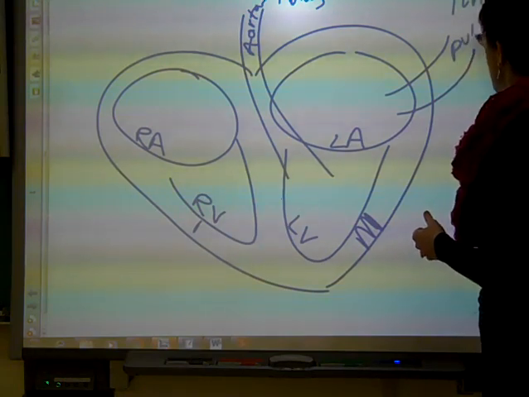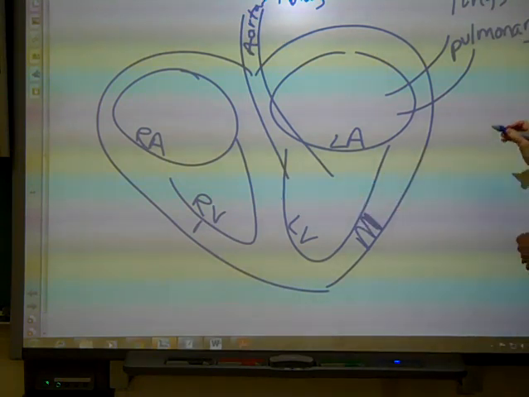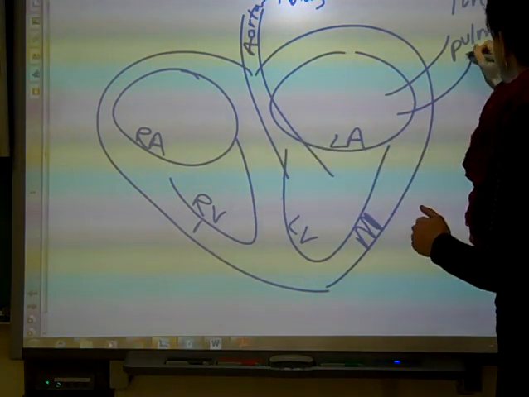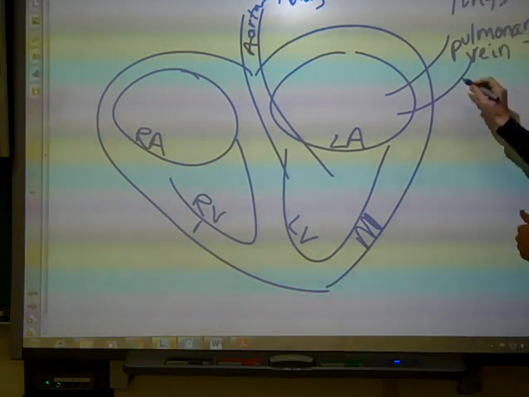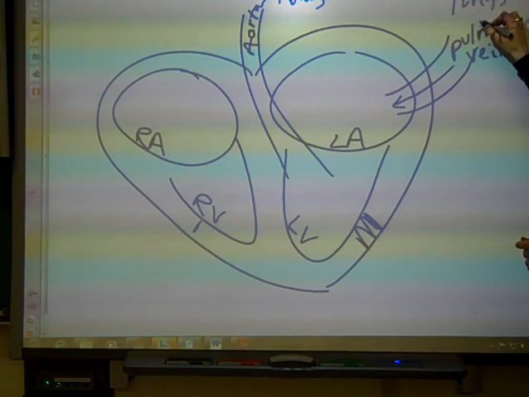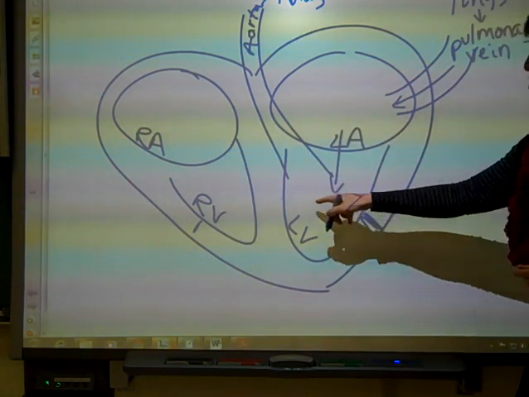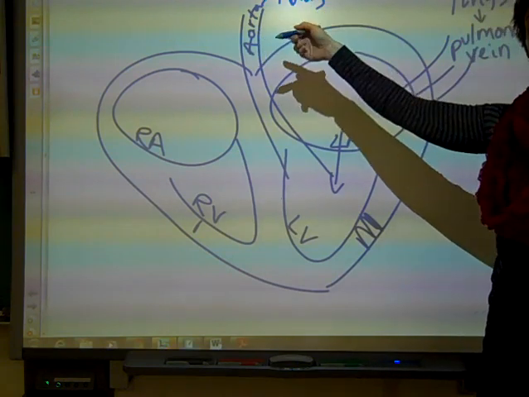It is therefore called the pulmonary, because anything that has to do with lungs has that word pulmonary, and it's going into the heart, so this is the pulmonary vein. So oxygenated blood comes from the lungs to the pulmonary vein, into the left atrium, to the left ventricle, to the aorta, and to the whole body.